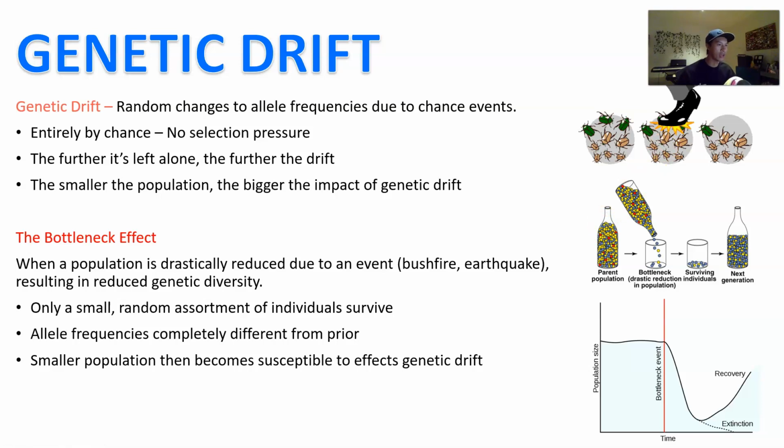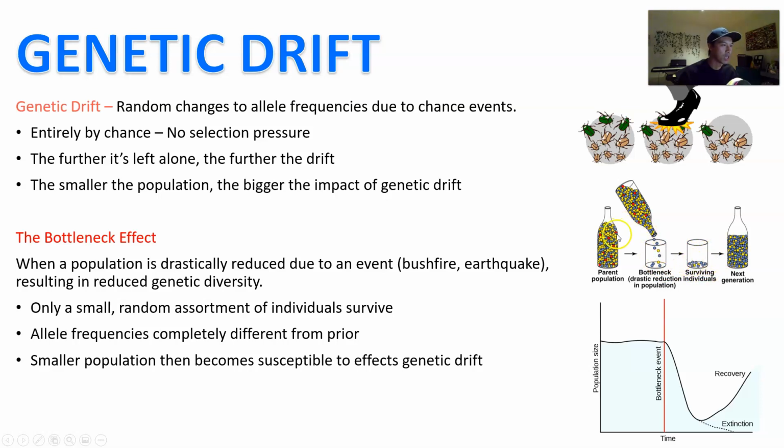Now, a bottleneck effect is when you have the parent population with all this diversity, but then something happens and the population crashes and only a few individuals survive. With the drastic reduction in the population, these few traits will be passed on to the next offspring, and they will form the next generation.